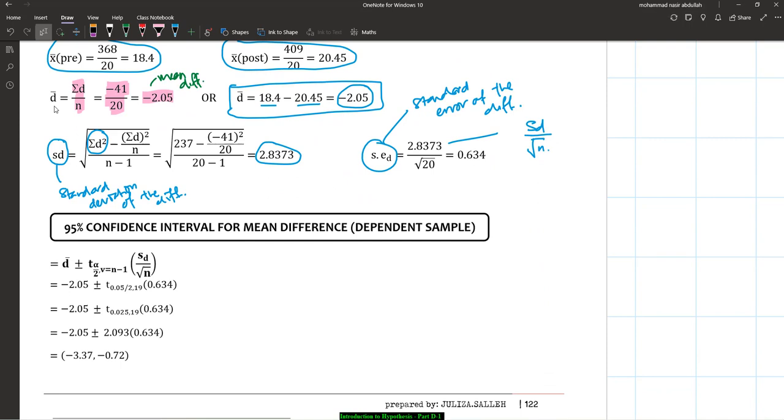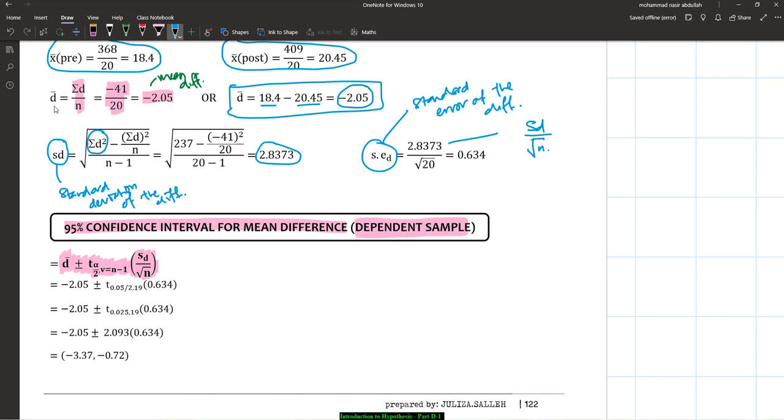Then from here we can calculate the 95% confidence interval for the mean difference. So this is for dependent samples. The formula is the same as what we previously learned in chapter number 3 in confidence interval, right?